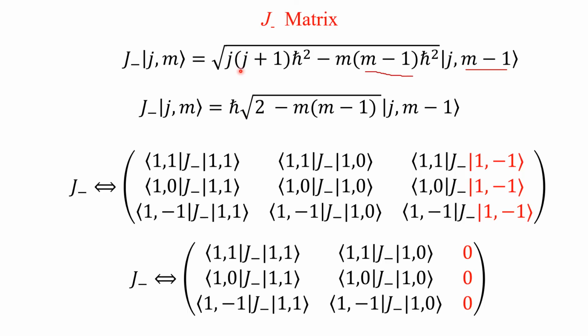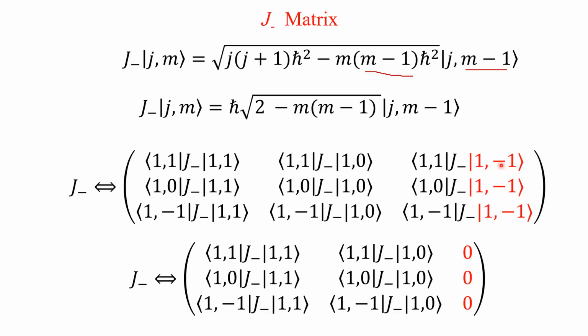Since j is 1, the first term will become 2 minus m into m minus 1, ket j m minus 1. Here I have already explained the state of m cannot go beyond minus j. That means minus j here is minus 1 because the j value is plus 1.